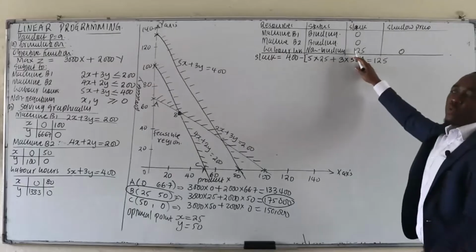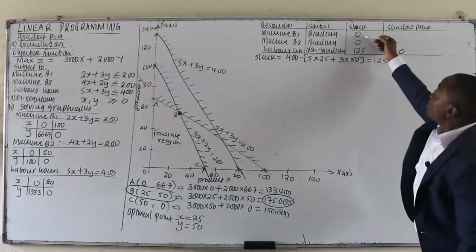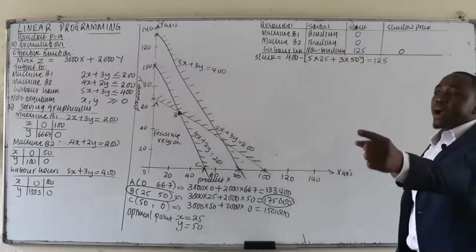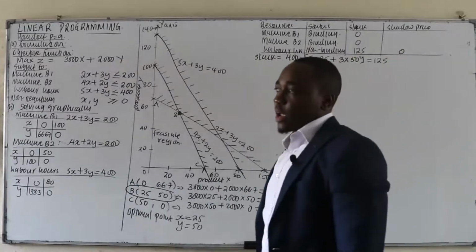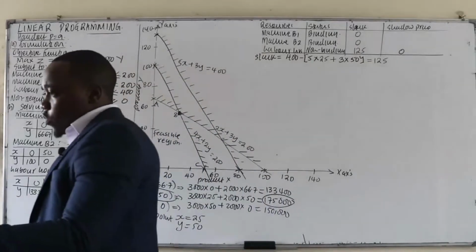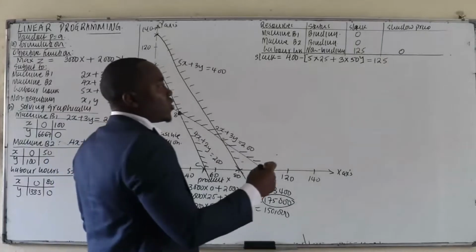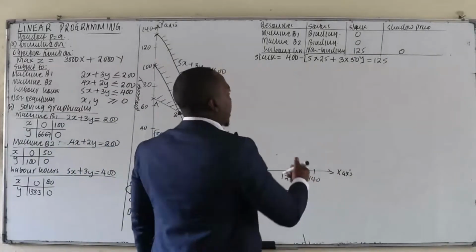So to make another unit, you don't have to buy. But for the two binding resources, slack is already 0. So for you to produce an extra unit, you have to buy more. So now the question is, how much more will you pay to acquire that, or how much profit will you get for producing an extra unit?